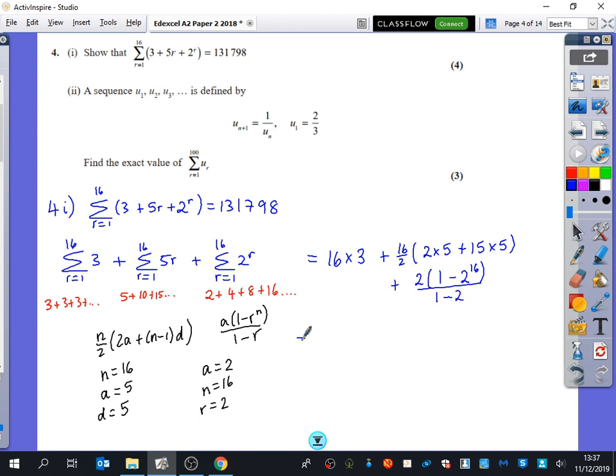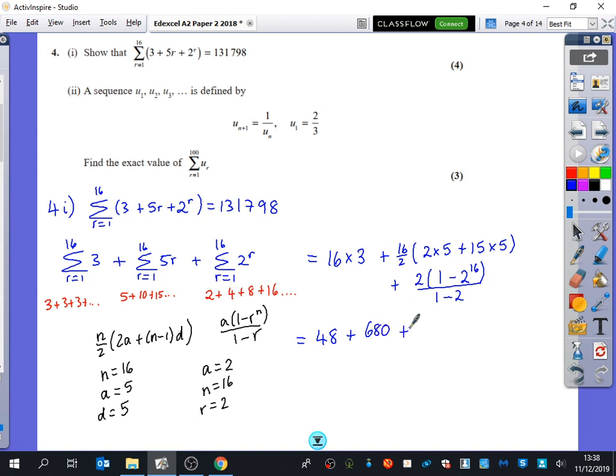Then working these three things out separately, we get 48 plus, let's put this bit on the calculator and see what it comes out as. We should have 8 times 10 plus 15 times 5, which is 680.